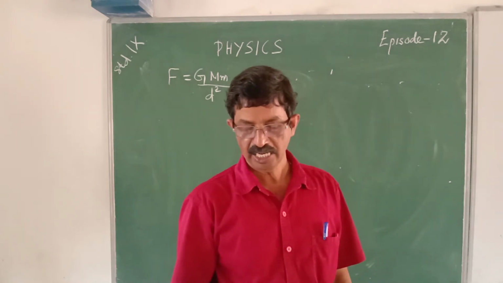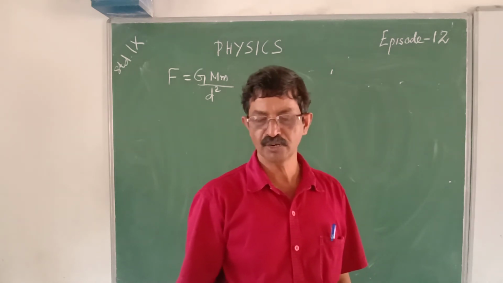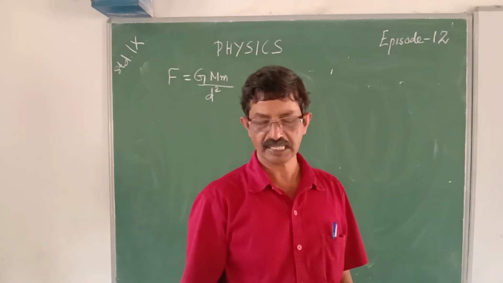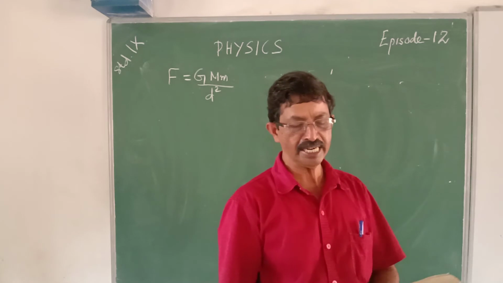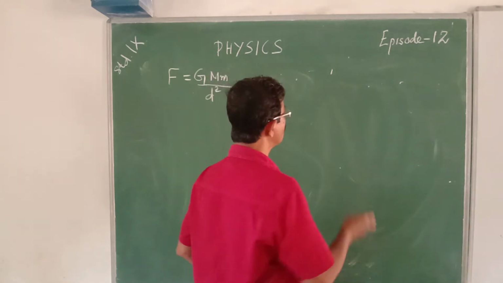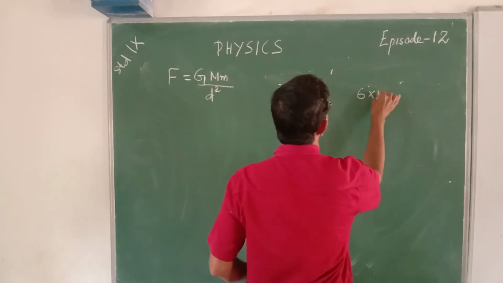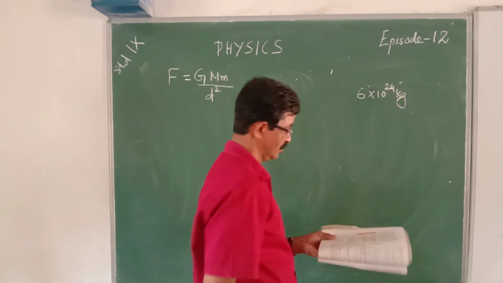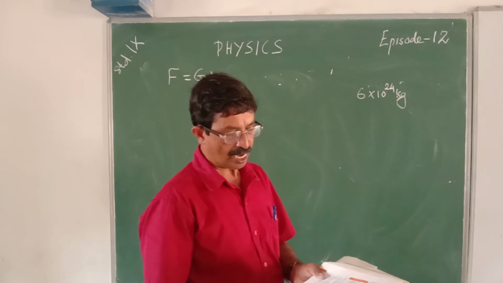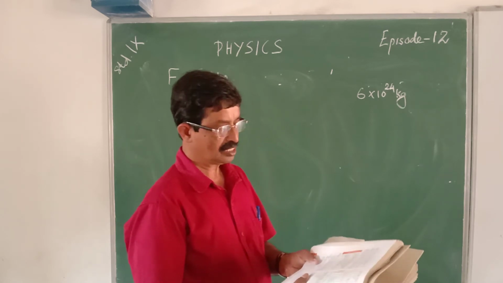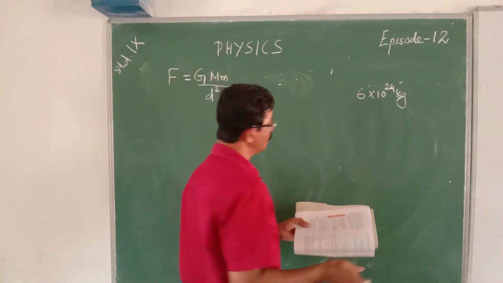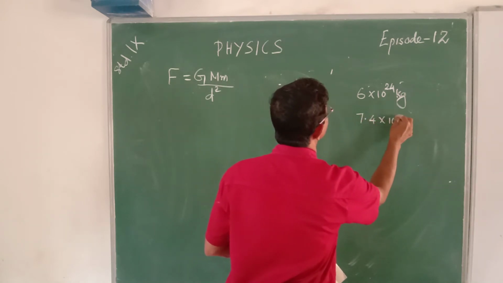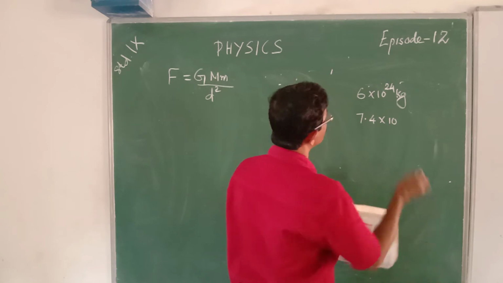See, in our text, it is given on page number 134. The mass of the earth is 6 into 10 raised to 24 kg, and that of the moon is 7.4 into 10 raised to 22 kg.